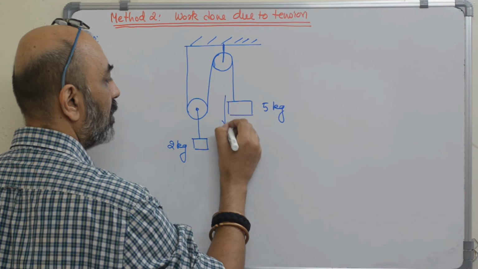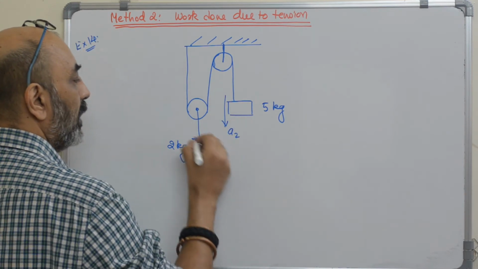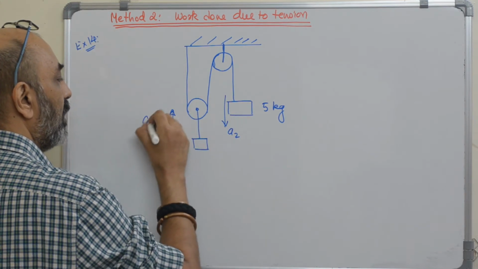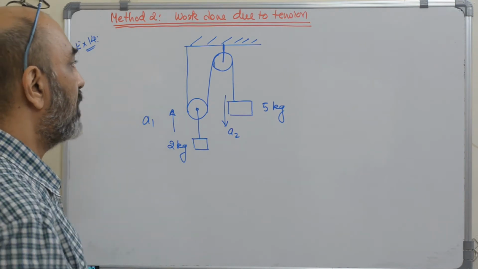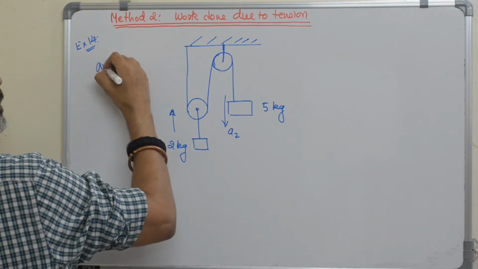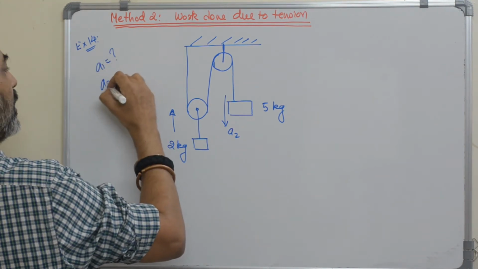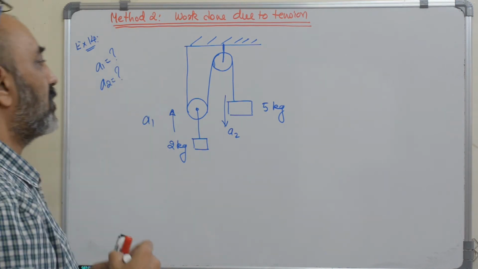So this is your A2 and this is A1. The question is to find the value of A1 and A2, which you have to find out.